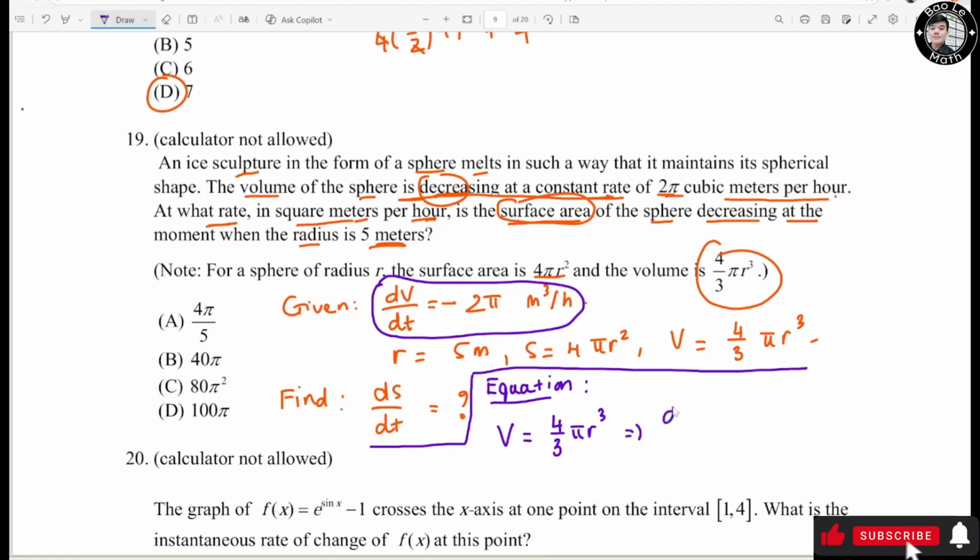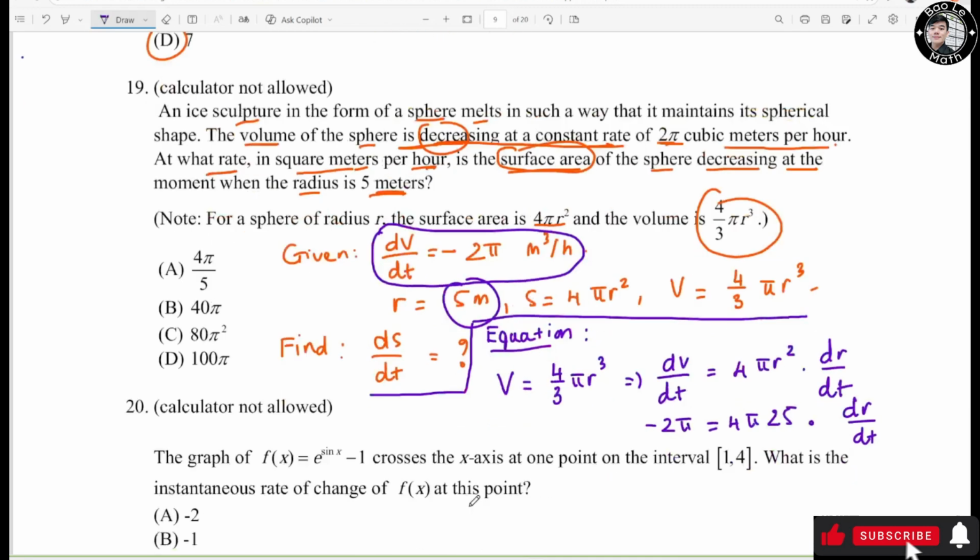So dV/dt equals, bring the 3 to the front, 4 pi r squared times dr/dt. Don't forget to use implicit differentiation. Now dV/dt equals negative 2 pi, so I substitute: negative 2 pi equals 4 pi times r squared, but r equals 5, so it will be 25 times dr/dt.